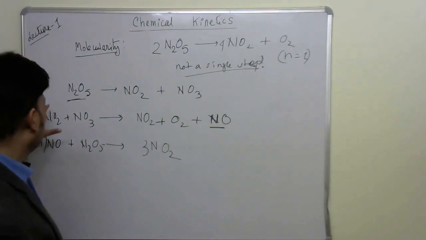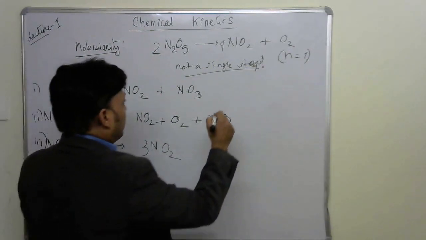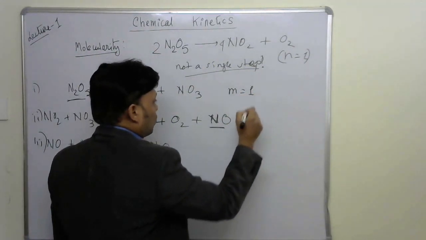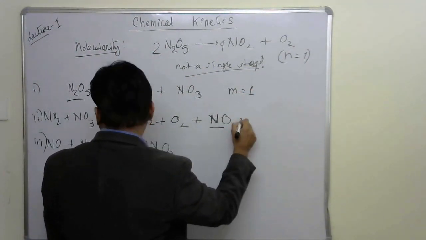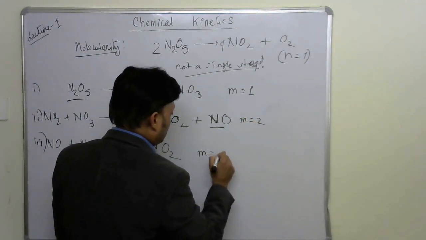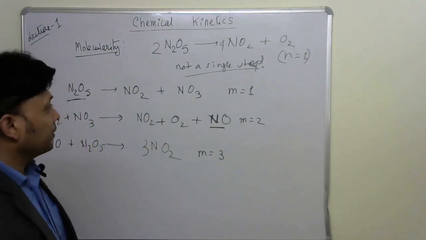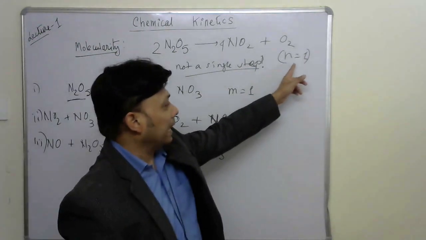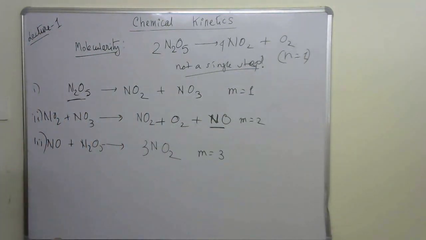Now you see the molecularity for the first step is 1, for the second step it is 2, and the molecularity of the third step is 3. But here we saw n is equal to 1.